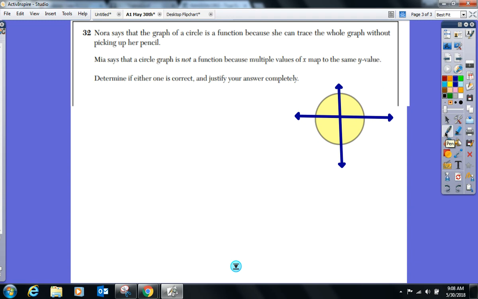All right, so both of them are looking at a circle. Let's take Mia and see if she's right or wrong and tell me why. She says, oh, the circle, I'm sorry, let's go to Nora first. She says this circle is a function because she can trace the whole graph without picking up her pencil.